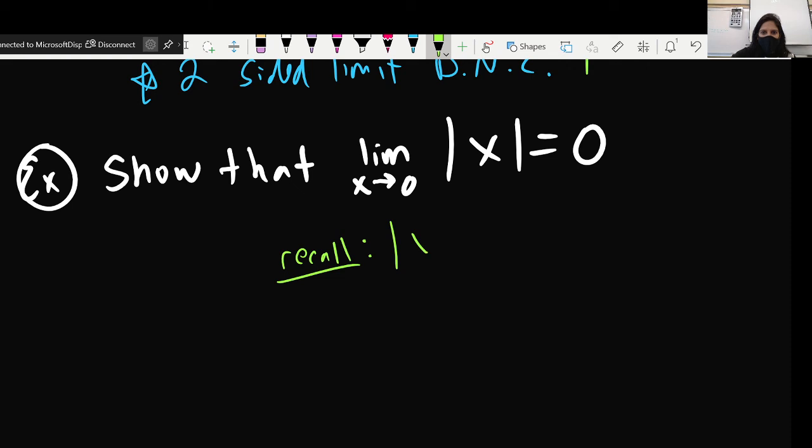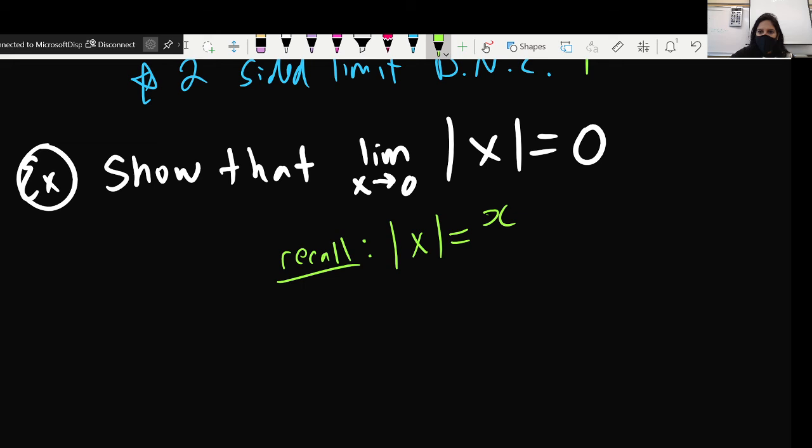But we know that absolute value of x can be looked at in two different ways. I'm going to show you this so that you're familiar with the notation, because this is all stuff that I know you know, but review is good.